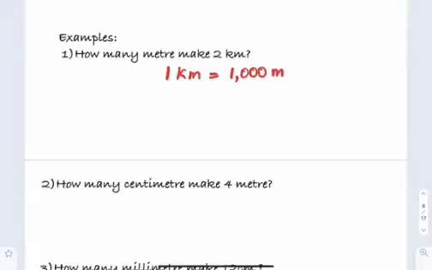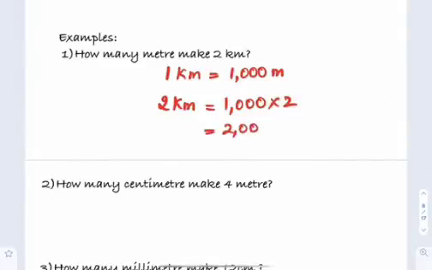Yes, we know that 1 kilometer is equal to 1000 meters. So what is 2 kilometers? 1000 into 2 gives you 2000 meters. I hope all of you have understood.